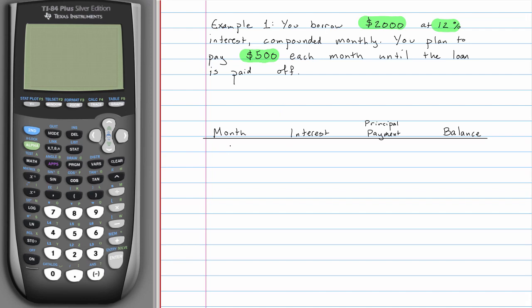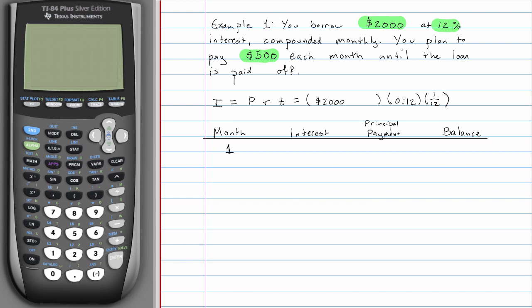Well, in the first month, the interest is the principal times the interest rate times the time, which in the first month, well, that's $2,000 times the interest rate, that's 12% or 0.12, times the time, that's 1 month, which is 1/12 of a year.